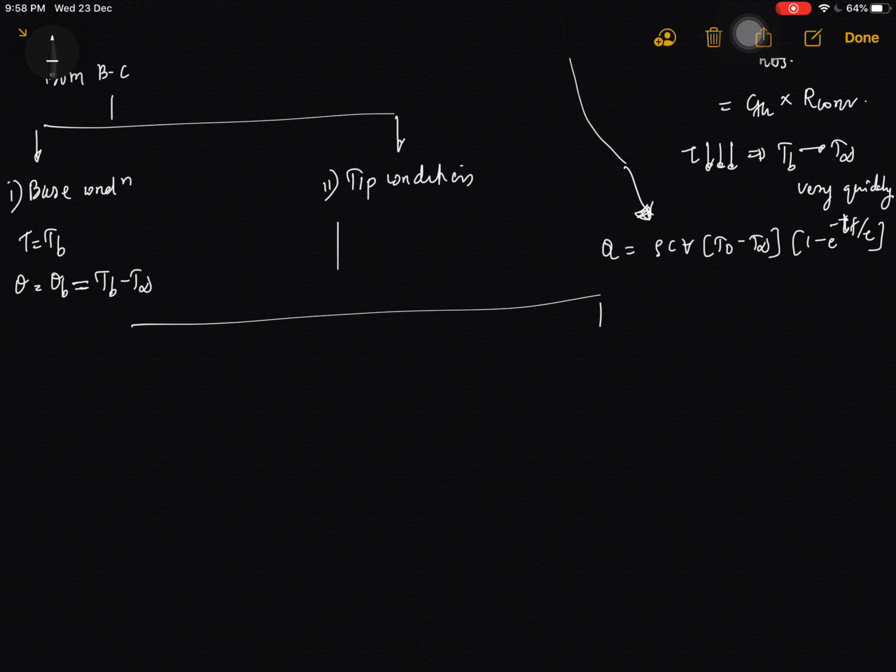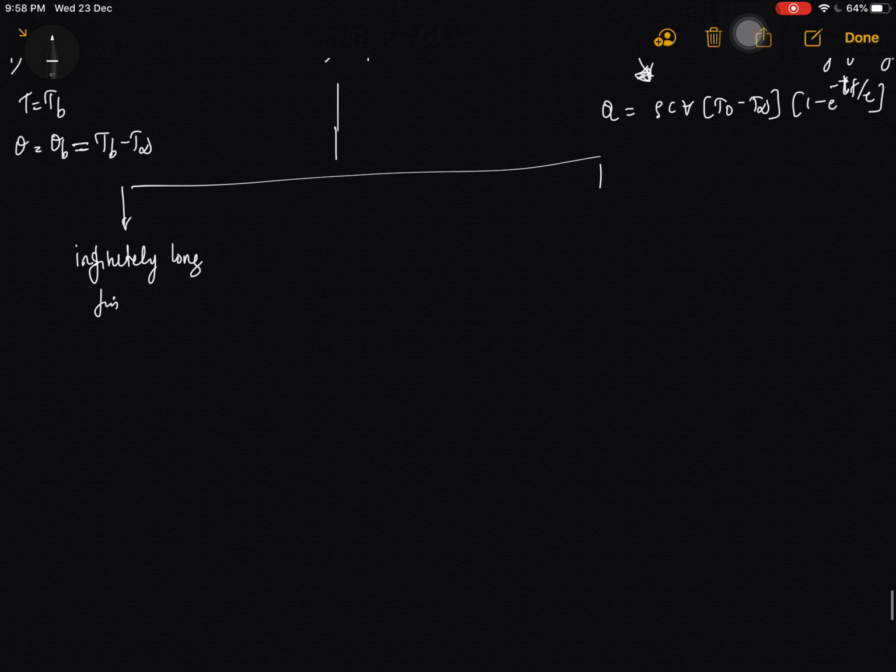On the tip conditions, there are three types of tip condition that we have considered, and the first is the infinitely long fin. For that case we have T equal to T infinity at x equal to L, and theta is equal to 0 at x equal to L.